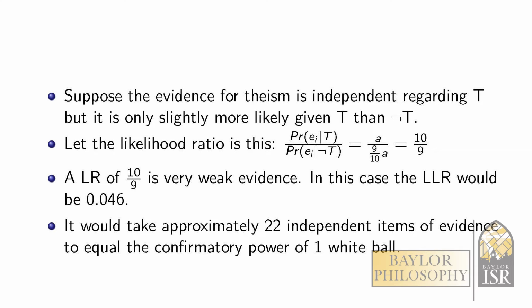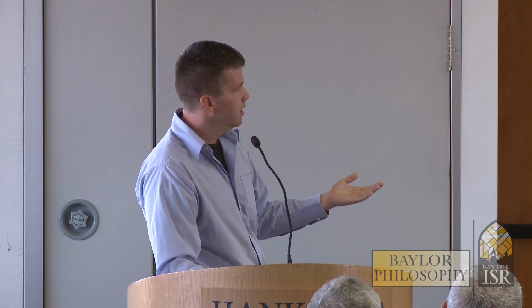It would take approximately 22 items of independent evidence to equal the same amount of evidence that you get with one white ball. If you wanted to get back up to strong evidence, like in Rowe's case, you'd have to have 66 lines of independent evidence.